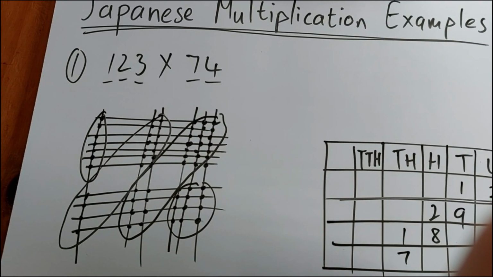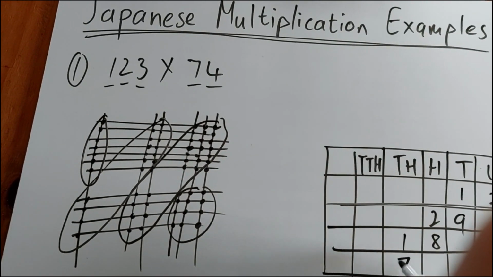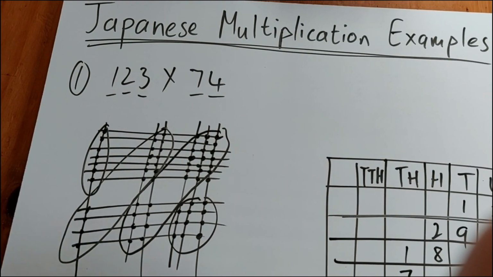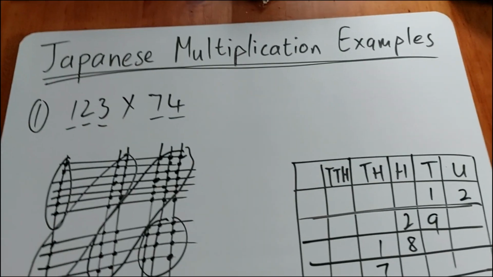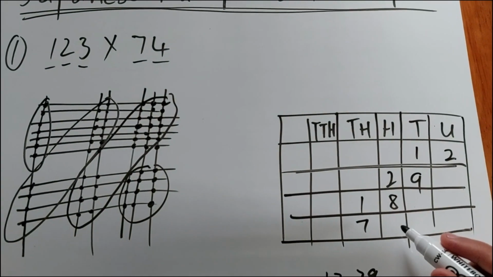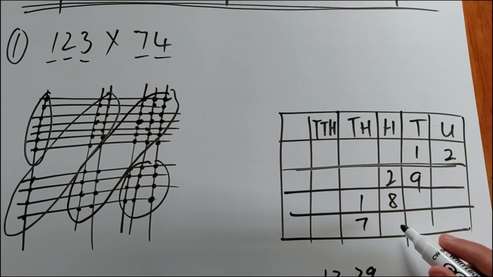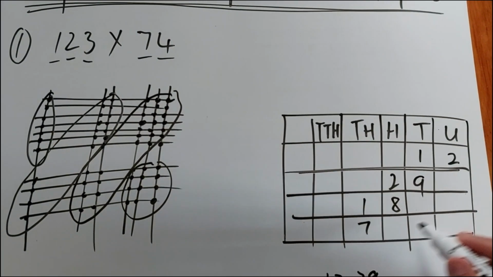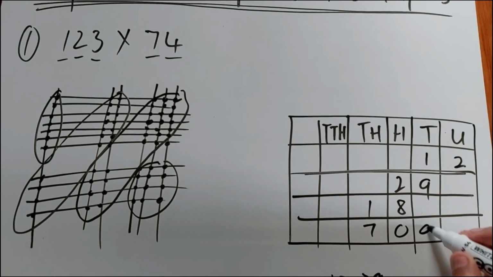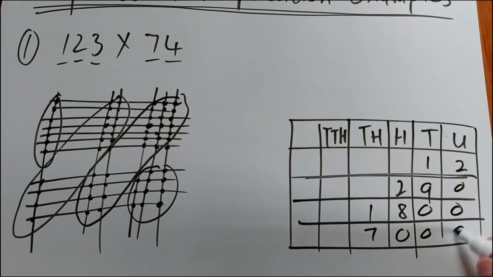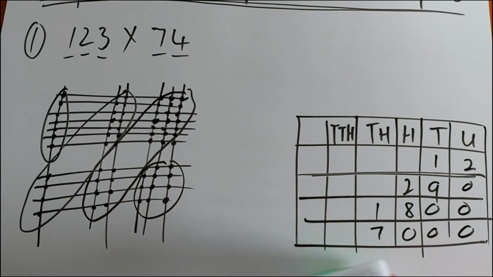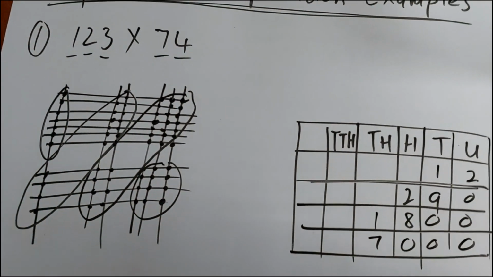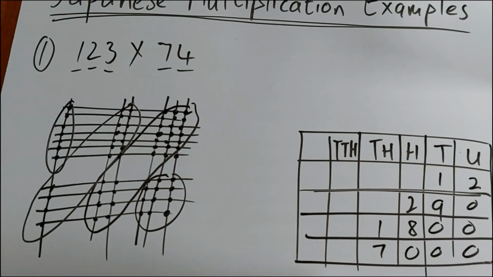And since 7 is not greater than 9, we don't have to carry any digit. And then just simply fill in the rightmost open cells with zeros to make our additions easier for us.